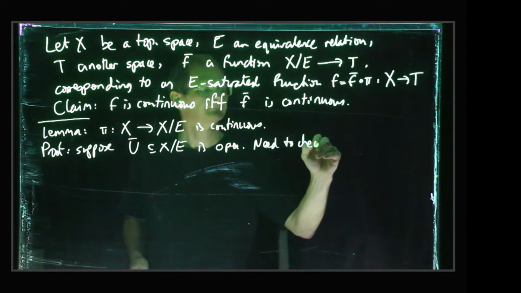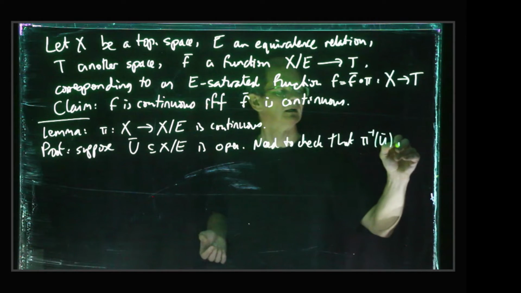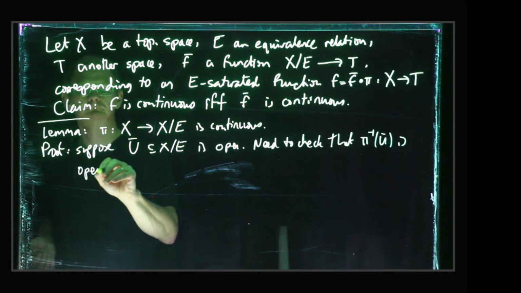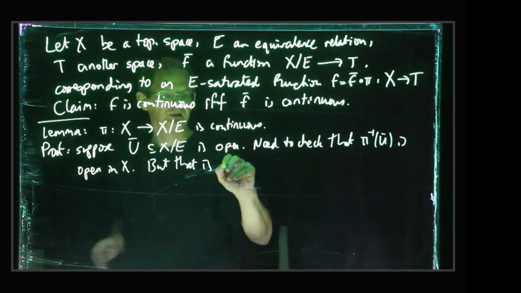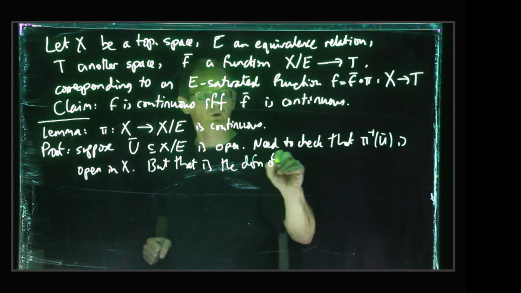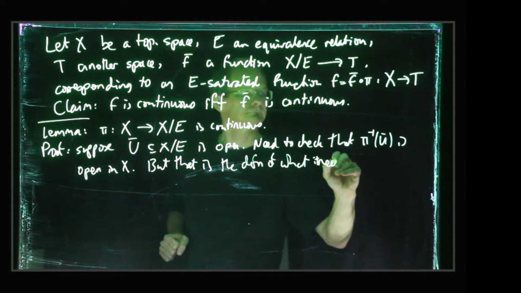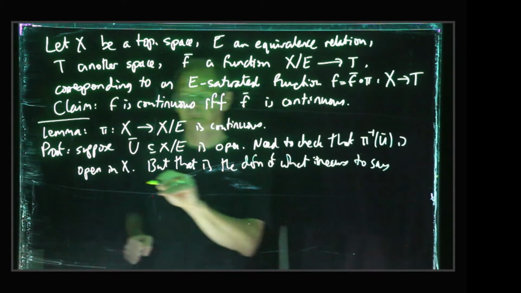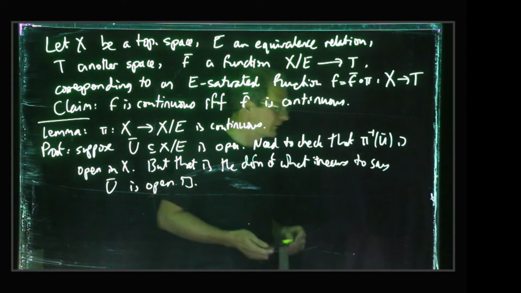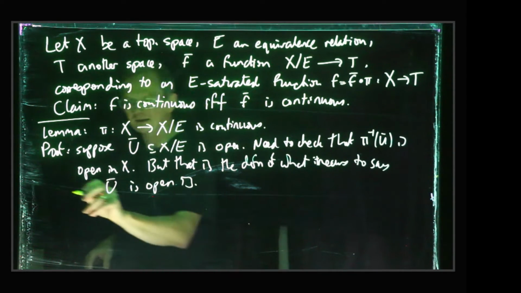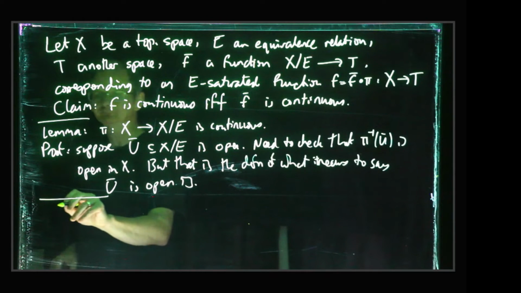We need to check that pi inverse of U bar is open in X. That is just the definition of what it means to say U bar is open. So the way the quotient topology is defined makes it completely tautological that pi is continuous. Okay, so now we can prove the claim.